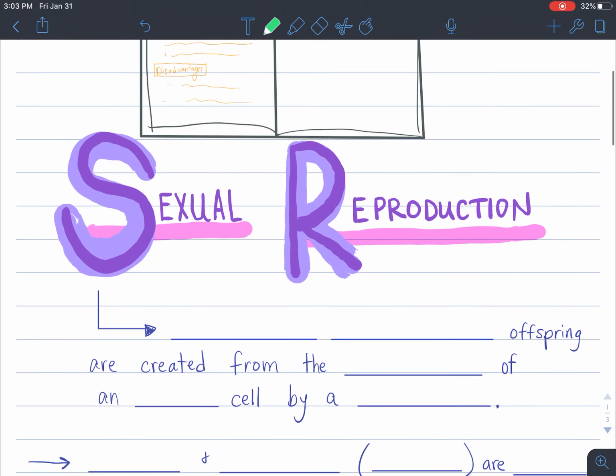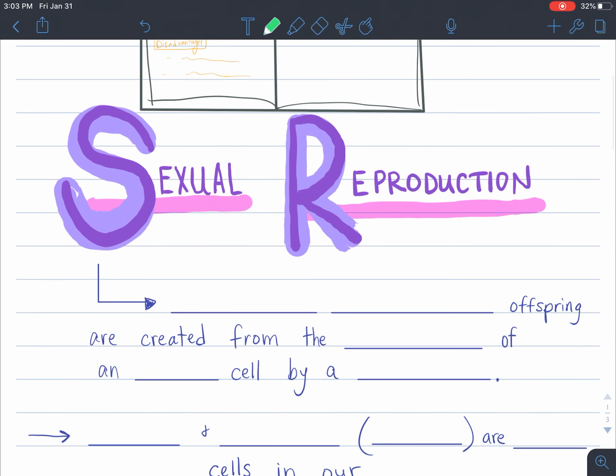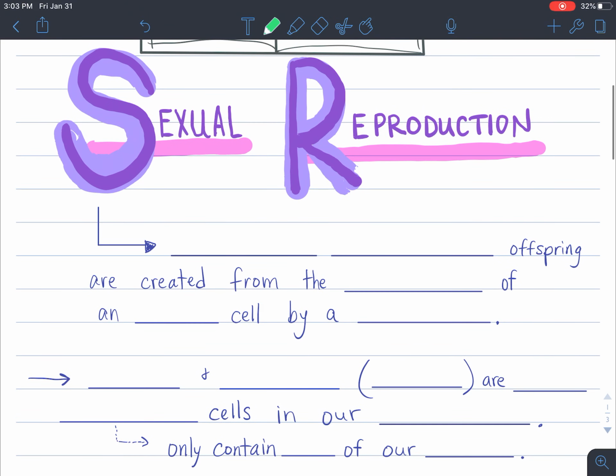Put your title up on your science notebook: Sexual reproduction. All right, let's talk about what this is. With sexual reproduction, we end up with genetically diverse offspring, which means that the babies all have a little bit different genetics.